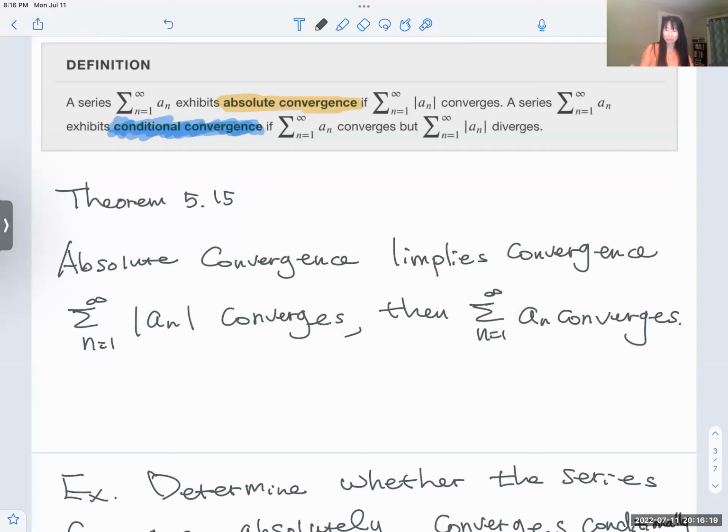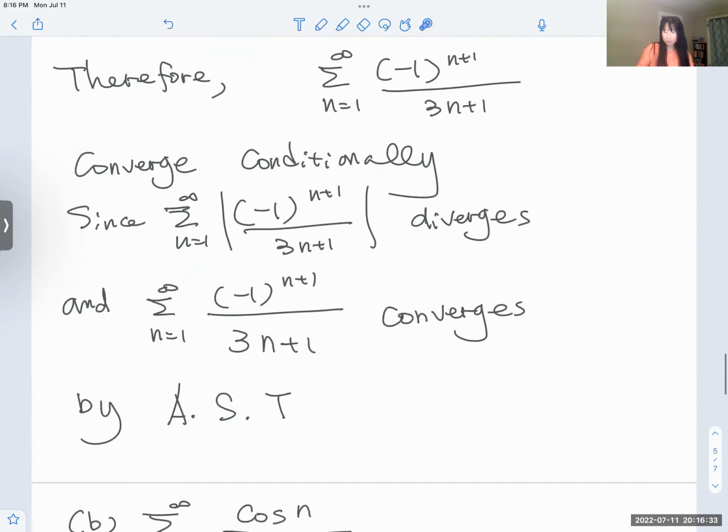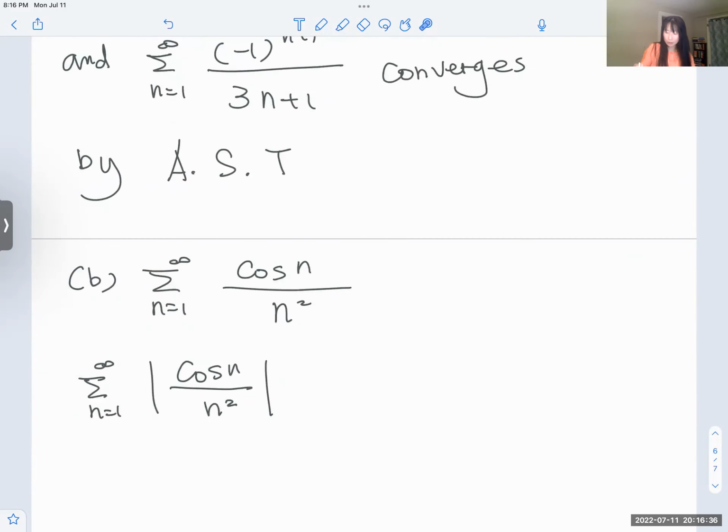So look, we need to decide whether to use absolute convergence or conditional convergence. We take the absolute value of this one. Maybe you don't remember, let me write it down. The absolute value of cosine n over n squared is less than or equal to the sum from n equals 1 to infinity of 1 over n squared.